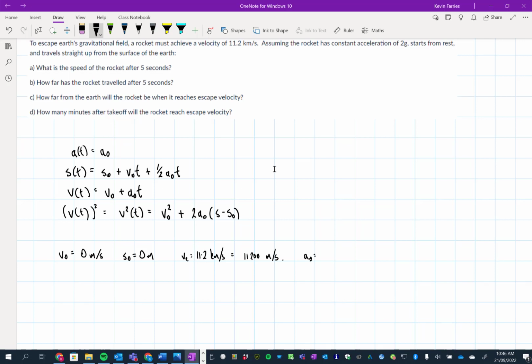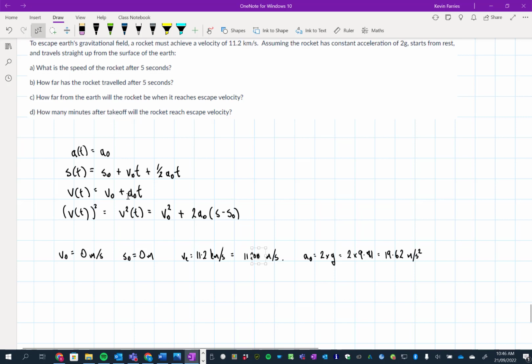So A0 is equal to 2 times the gravitational acceleration, which is 2 times 9.81, which is equal to 19.62 meters per second squared. So that's how much it's accelerating. Let's just double check that. 2 times 9.81, yep, 19.62.